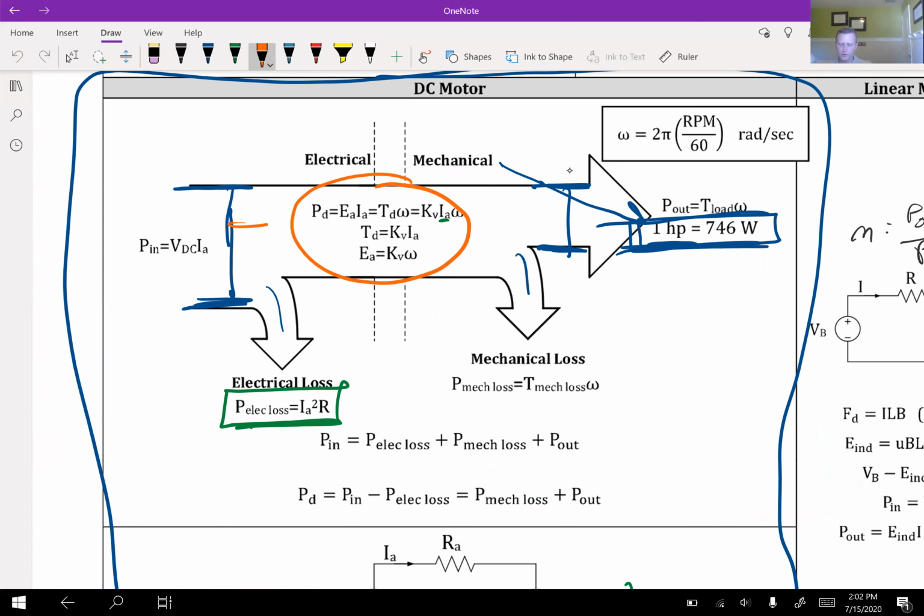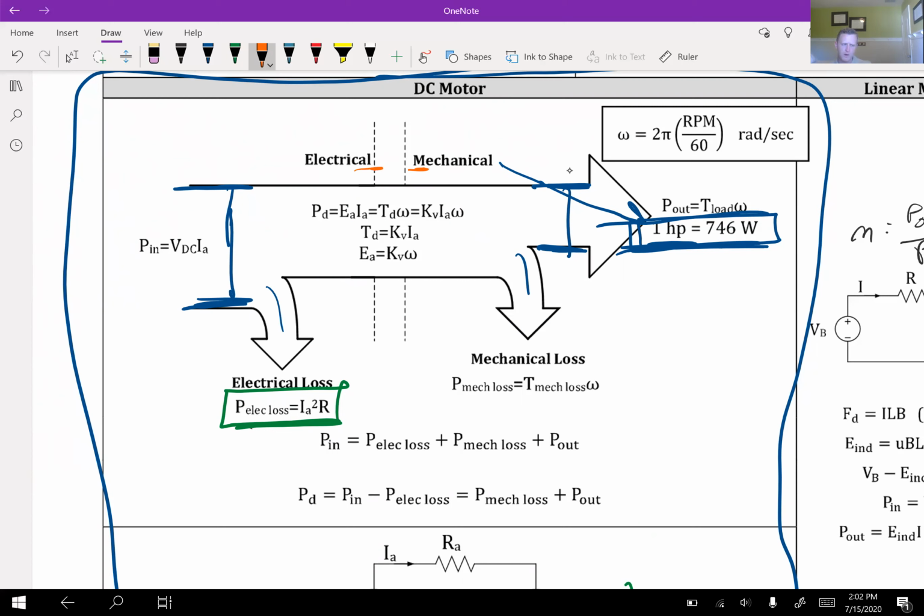You'll take thermo, and you'll draw these arrows as your system, with things coming in and out of a system, and that's really all we're doing here. I have this motor with electric input, and this is where it's transforming from electrical to mechanical energy. Machine constant is kV.